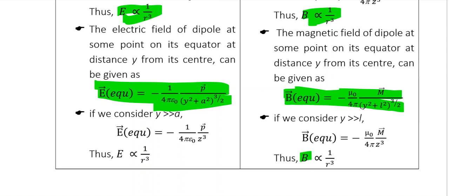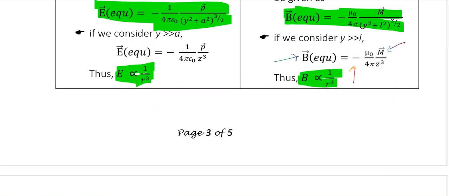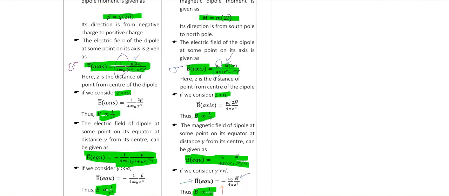And again, this relation holds true even for the equatorial field also. And what does this negative sign indicate? It indicates that the direction of the magnetic field is opposite to the direction of the magnetic dipole moment. So these are the points of comparison of the magnetic field of a magnetic dipole and the electric field of an electric dipole.